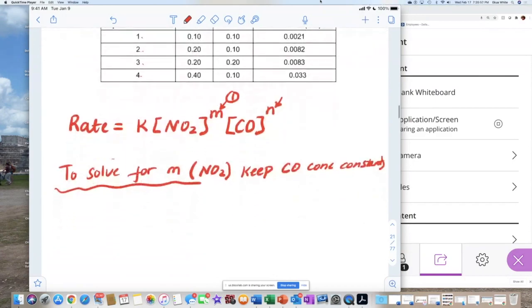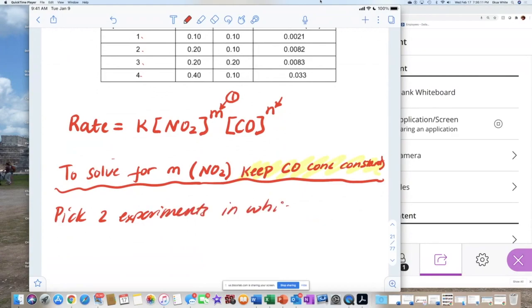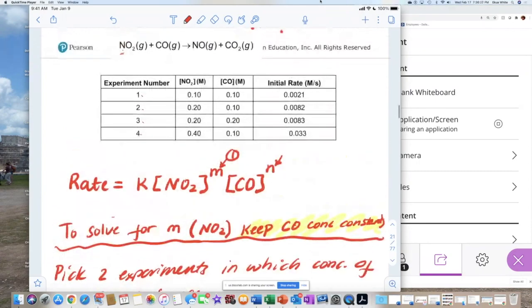That's the goal here: pick 2 experiments in which the concentration of CO doesn't change. CO is 0.1, 0.1, so it doesn't change. Will that work? Sure. So I'm going to pick experiment 1 and experiment 2.